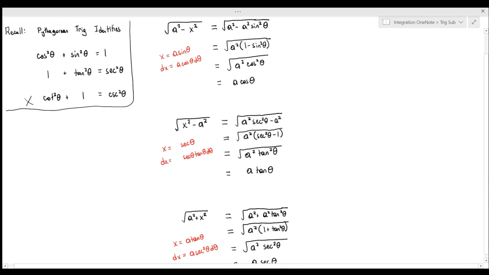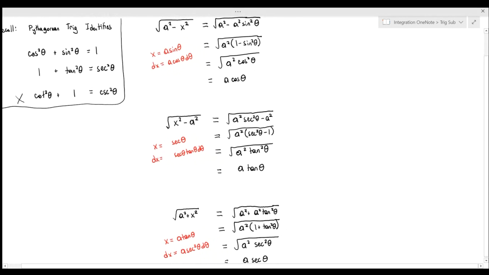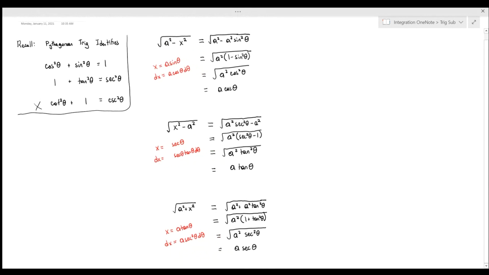Okay, so I have here a couple of expressions starting with the square root of a squared minus x squared. I wanted to illustrate what would happen if we made the change of variables x equals a sine theta. If we were doing an integral, then we would need to compute dx, which would be a cosine theta d theta. But looking in particular at what happens when we replace x with a sine theta, x squared would become a squared sine squared.